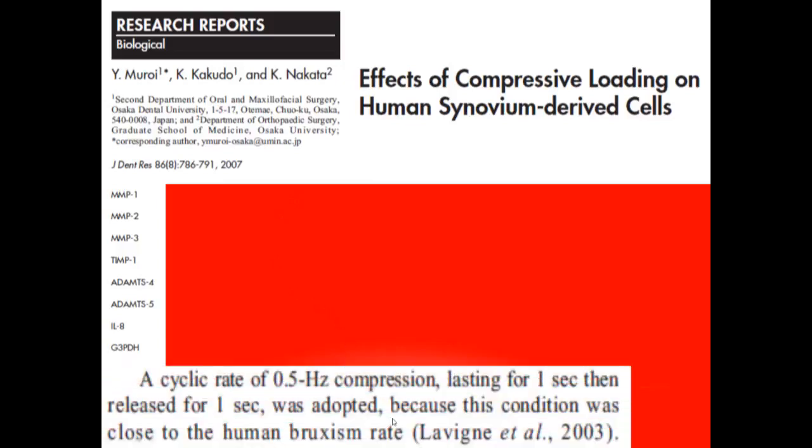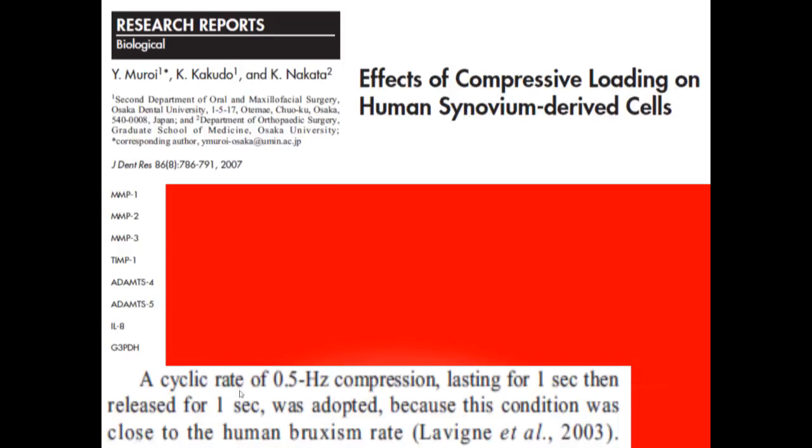And these cyclical forces of compression were modeled after a sleep bruxism study by Guy Lavigne out of Canada, I believe Montreal, as the premier investigator in dentistry of sleep bruxism.